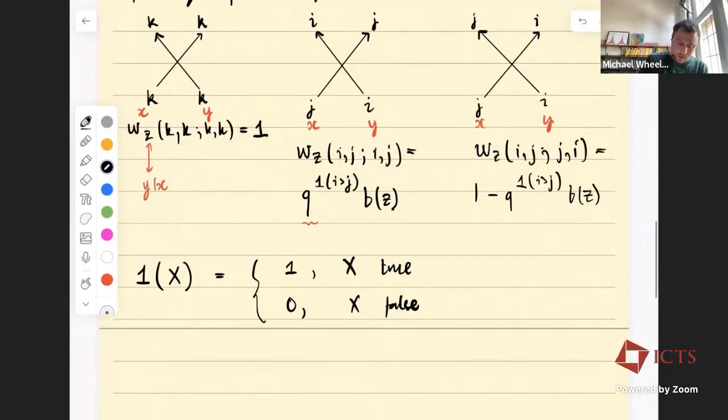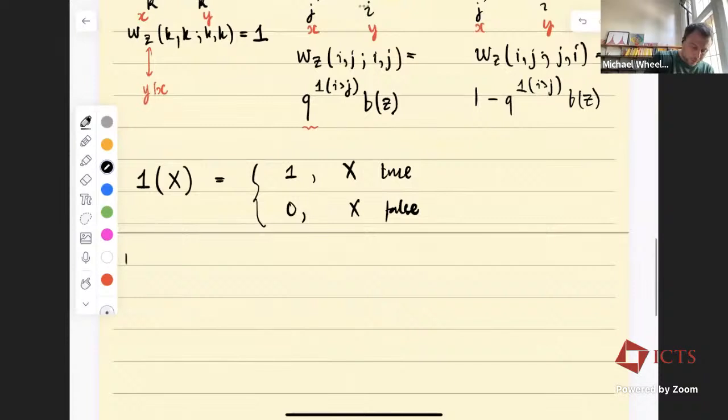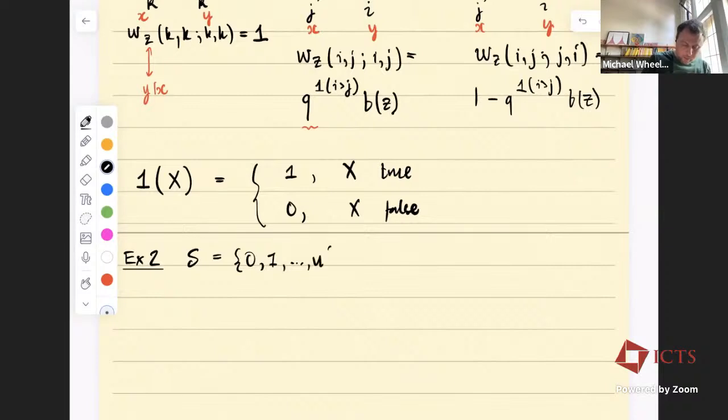All right. So maybe let's do a second example, which will make things a little more explicit. Example number 2 is to look at these weights explicitly in the case n is equal to 1. Recall that we have our set S, which consists of the elements 0 up to n. In the case n is equal to 1, this model is something very famous, the 6 vertex model.